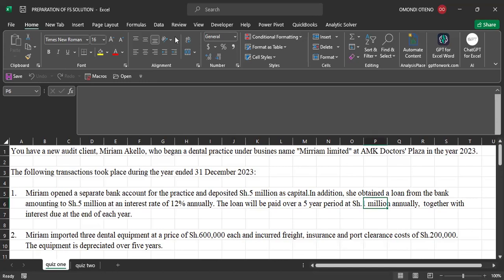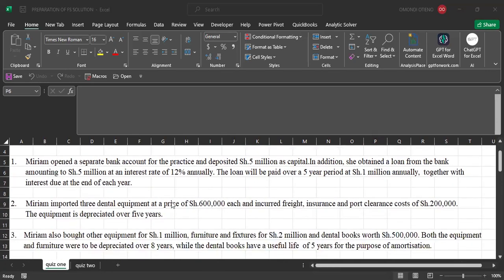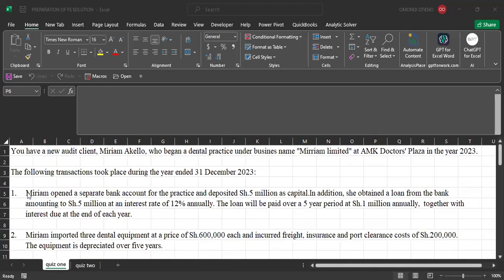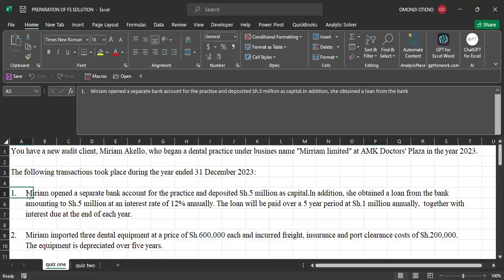Good. Now, before we look at so many things down here, let's just see additional information number one. What are some of the key accounts you are able to see which we need to open? Which ones are these accounts?